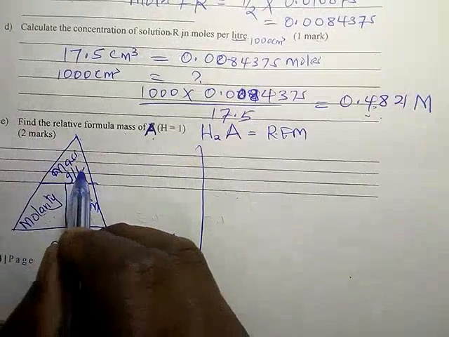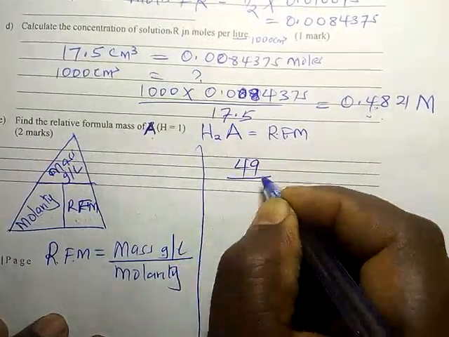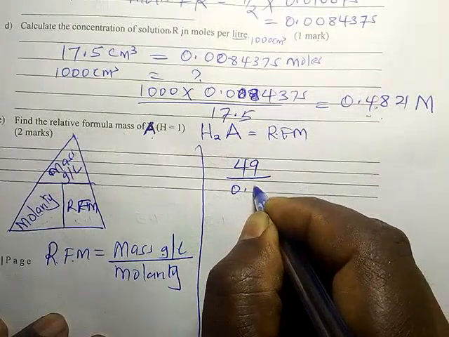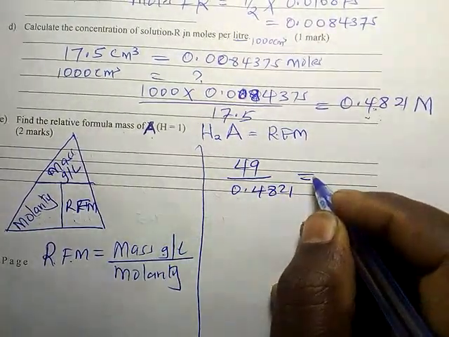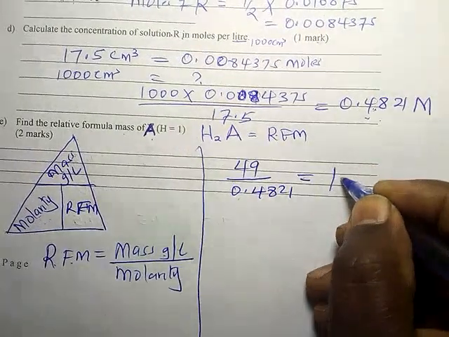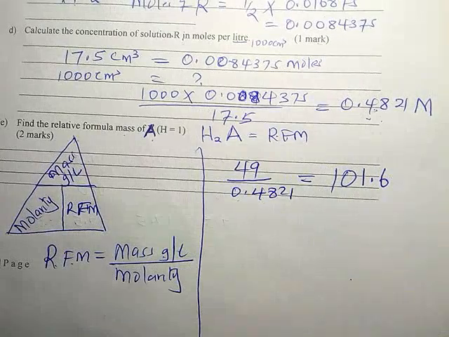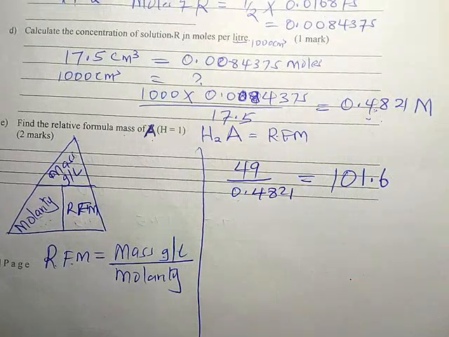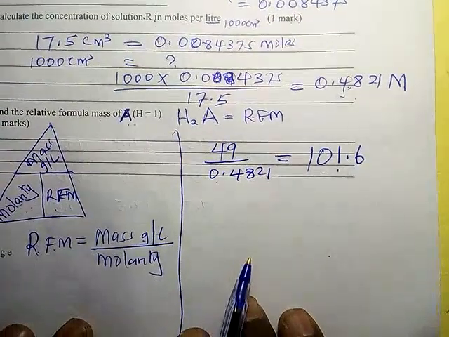The mass in grams per liter we have 49. So we write now we have 49 divided by 0.4821. And this one will give us 101.6. So this is the RFM of the dibasic acid.